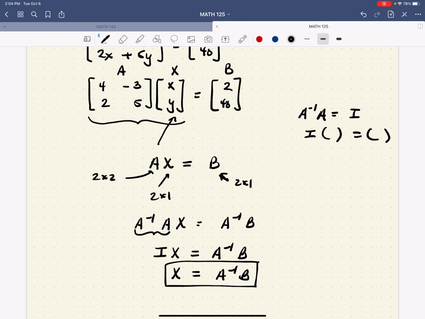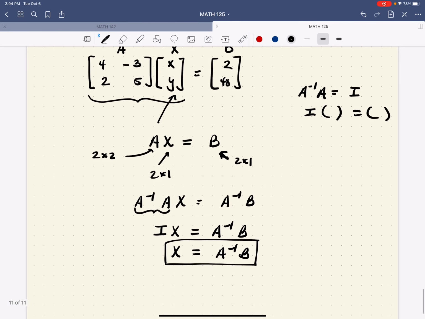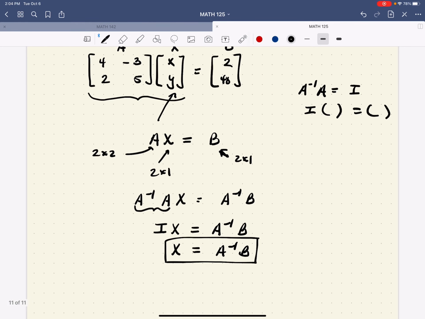In this case, I'm going to take this example and solve it using the matrix inverse idea. So we have A equals [4, -3; 2, 5].